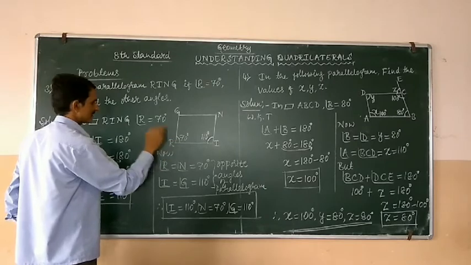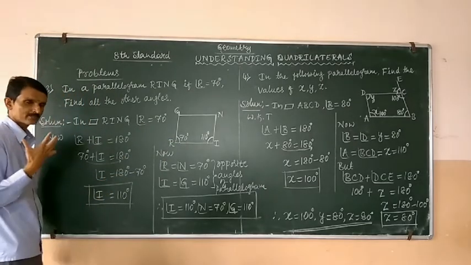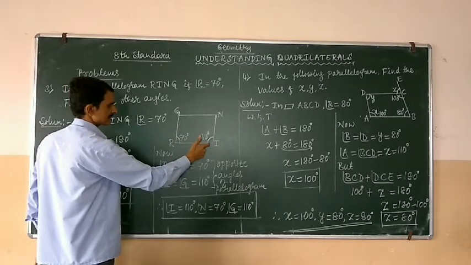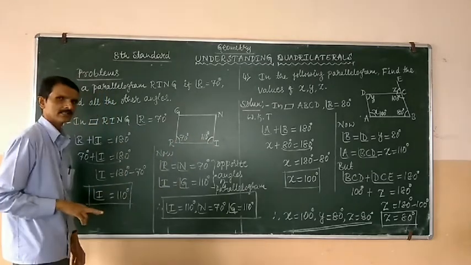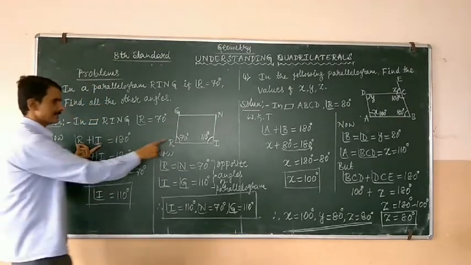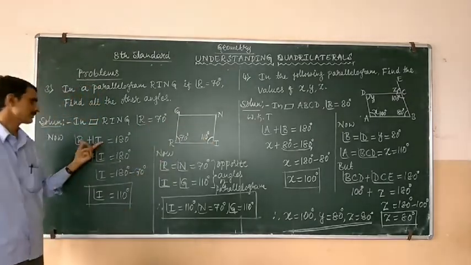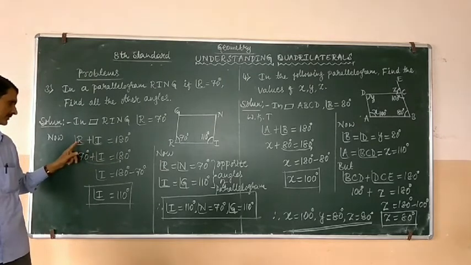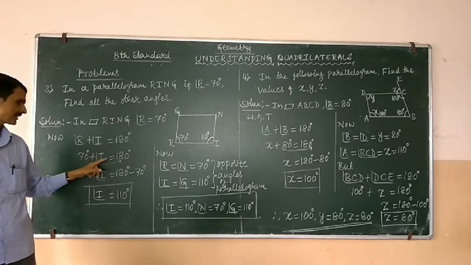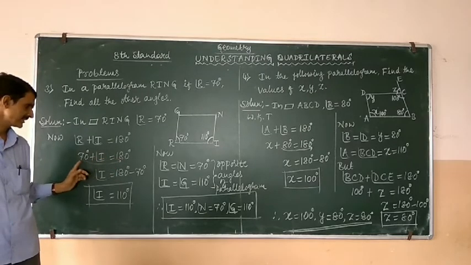By using the angle sum property, the sum of adjacent angles is supplementary, which is equal to 180 degrees. Therefore, we can write angle R plus angle I equals 180 degrees. So substitute the value of R, 70 degrees, plus angle I equals 180 degrees.